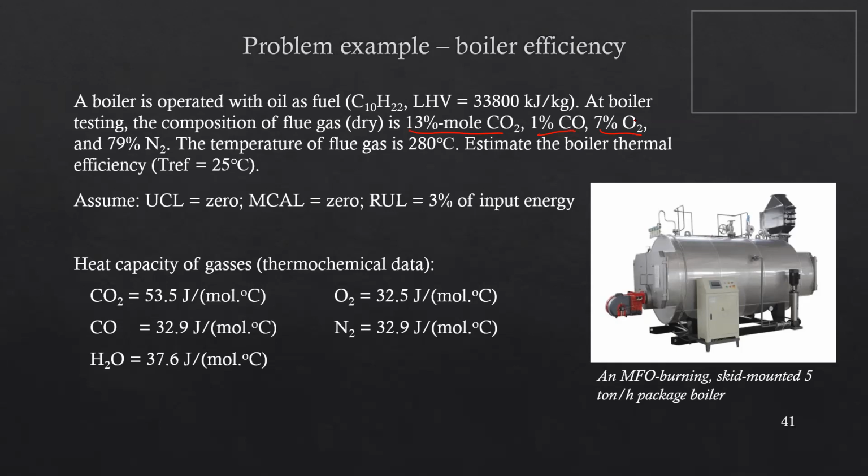The UCL is the uncombusted carbon loss. It is the loss due to carbon from the fuel which is not combusted. So we assume that the UCL value is equal to 0.